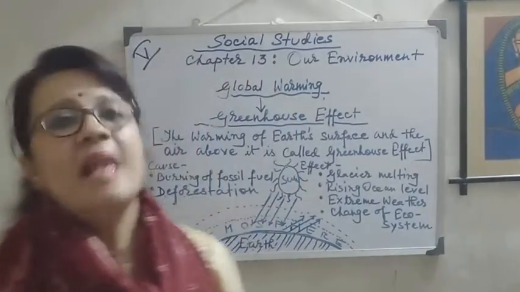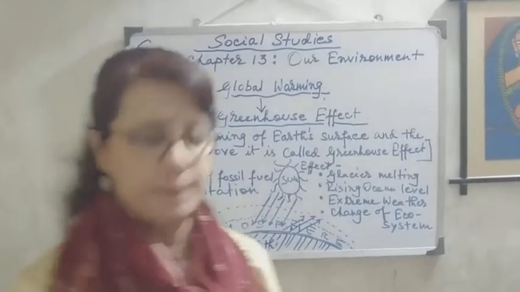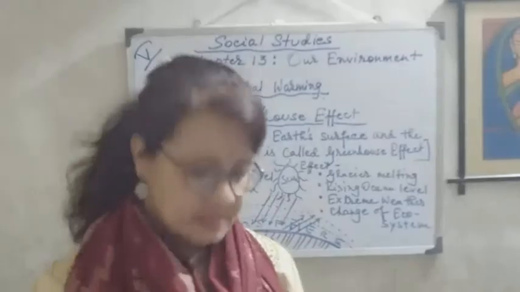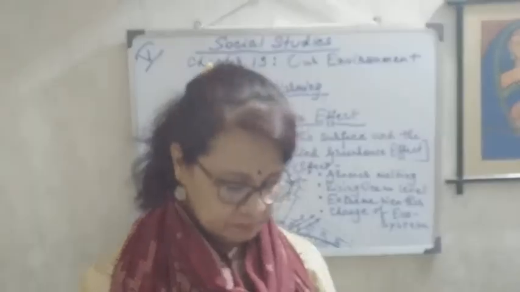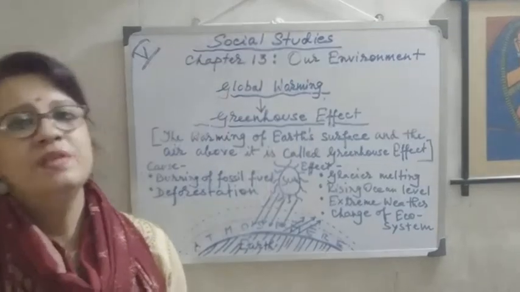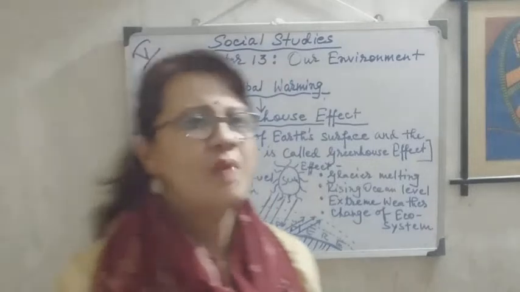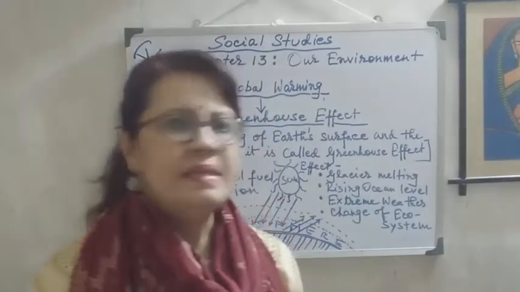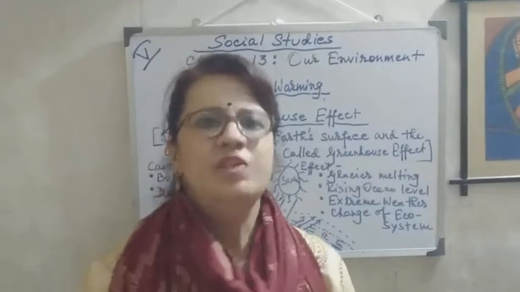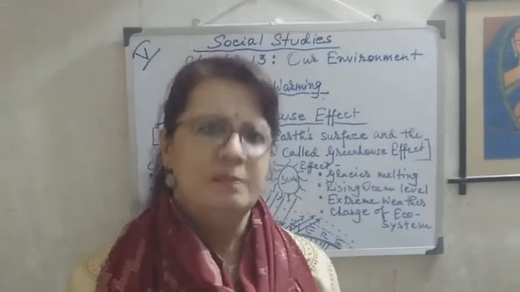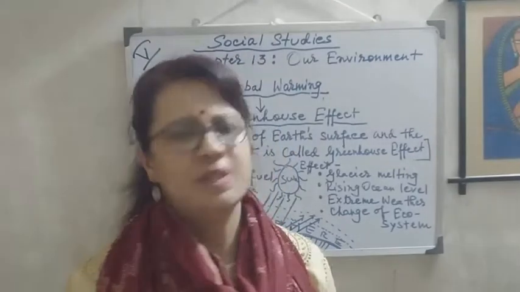And our life depends upon healthy and balanced environmental conditions. But we human beings are always trying to make our life more comfortable. Day by day, there are more inventions, one after another, which make our life more comfortable. We use our resources.